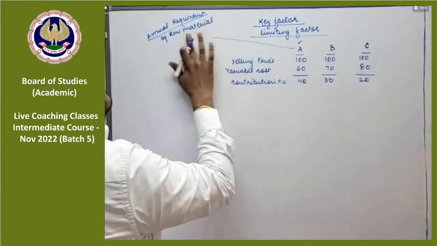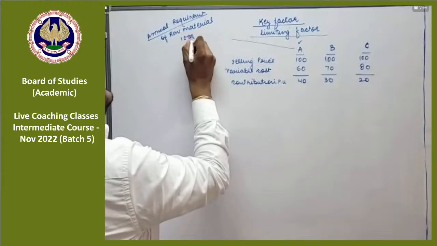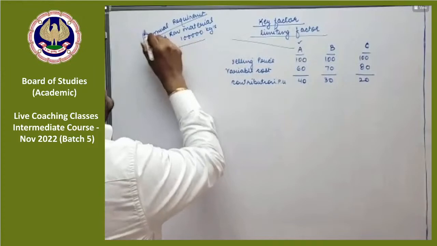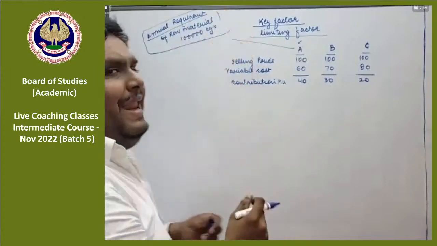My annual requirement of raw material is, let's say, 1 lakh kgs.